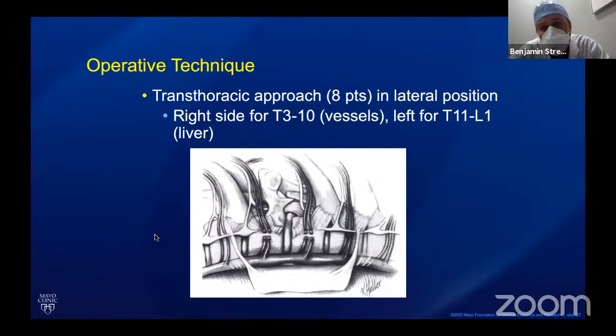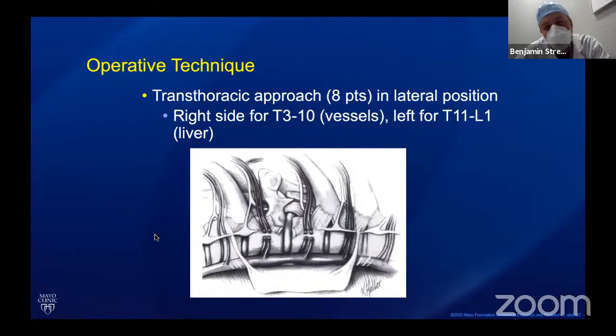They performed the transthoracic approach with the patient on their right side for levels T3 through 10, concerned for the great vessels, and then on the left for T11 to L1 to avoid the encroaching liver.